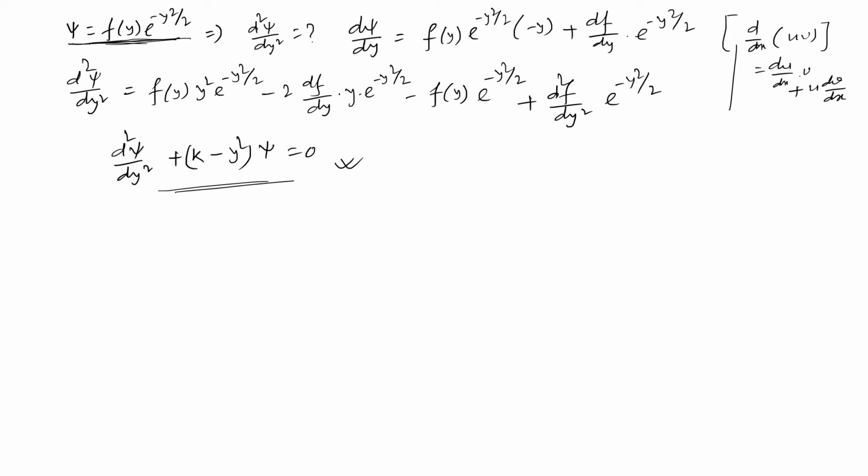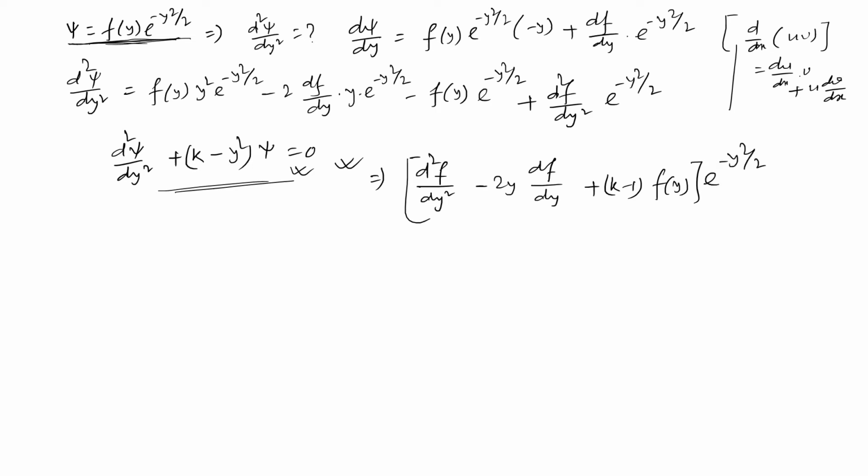So putting the value of d²ψ/dy² and psi in this equation, and after simplifying, we can easily write down d²f/dy² minus 2y df/dy plus (k minus 1) into f of y, multiplied by e to the power minus y square by 2 equals to 0.